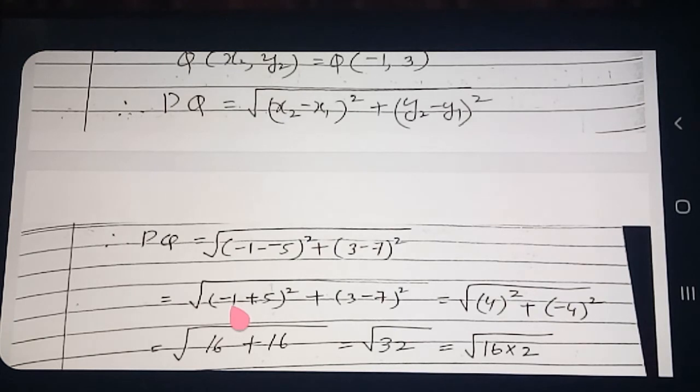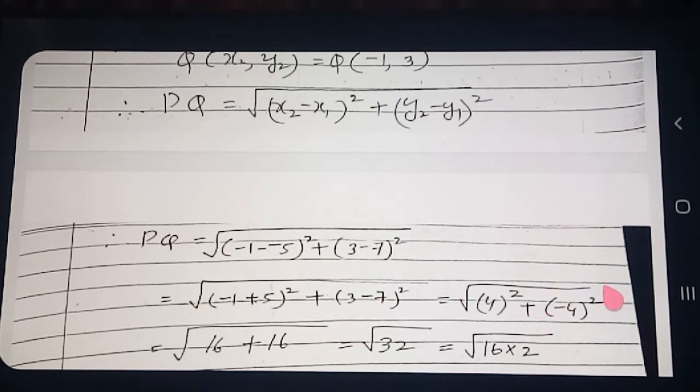See here, minus 1, and here the second minus came, along with this minus of minus, so plus 5 will come, then the rest remains the same. So minus 1 plus 5: take the difference and put the sign of the largest number, so plus 4, the whole square, plus 3 minus 7, how much will come?